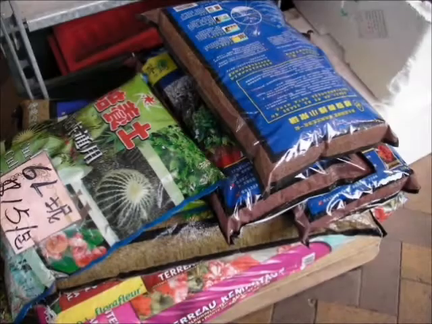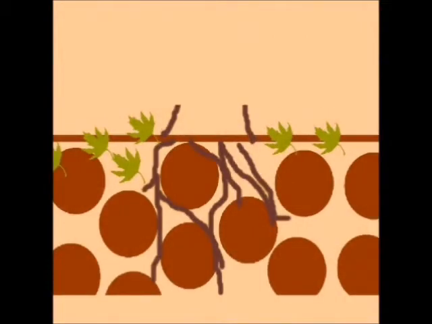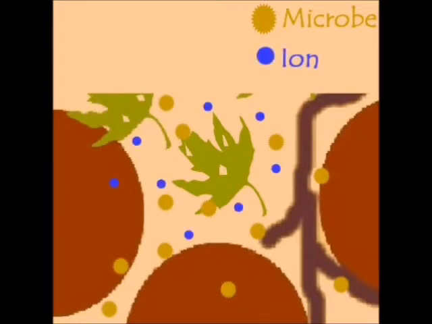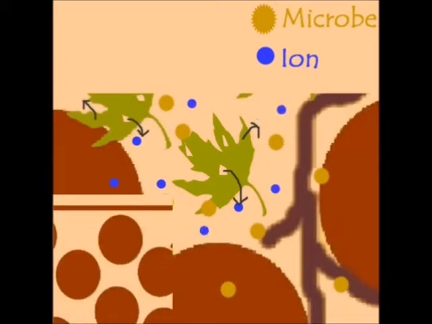Why is that so? Let's see the characteristics of the potting soil. Potting soil contains pieces of dead plant materials and microbes. When the microbes digest and decompose the plant matter, the nutrients inside the plant matter return to the soil in the form of ions.